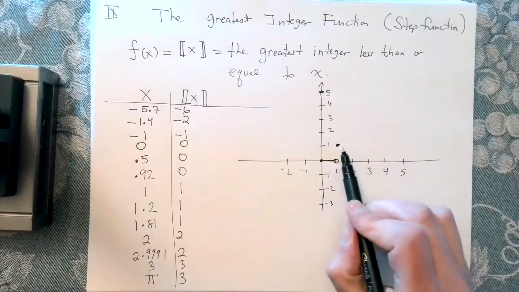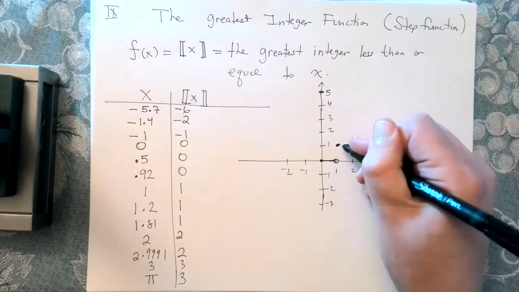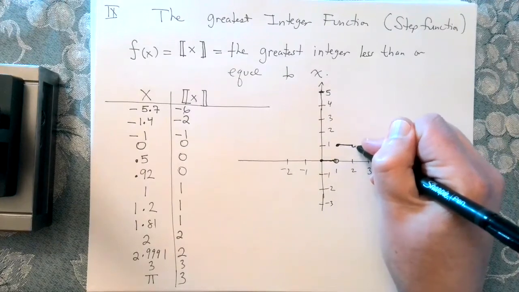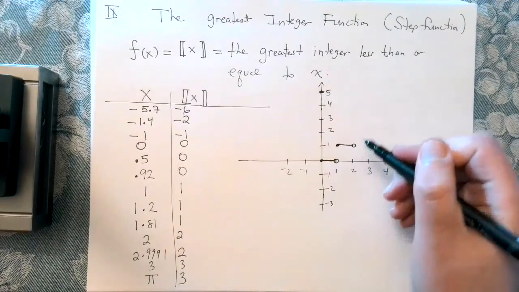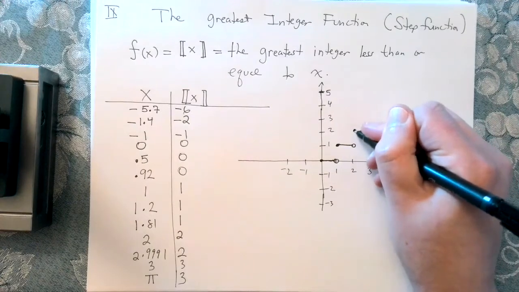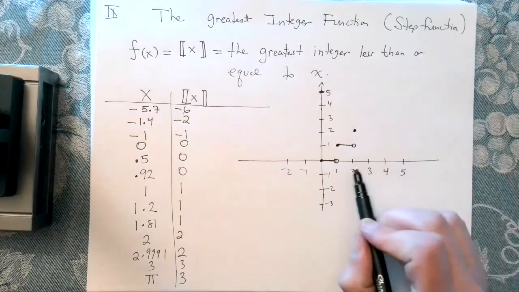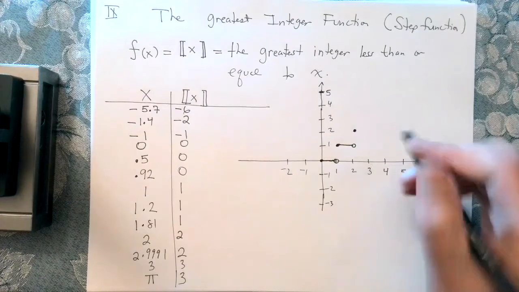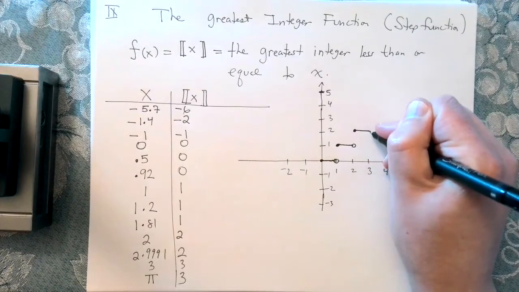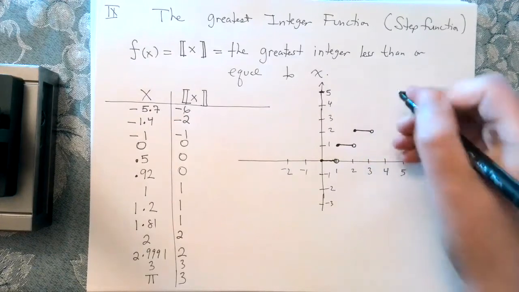For any decimal between 1 and 2, this will round down to 1. I get arbitrarily close to 2. And then when I reach 2, this jumps up. The greatest integer of 2 is equal to 2. For any decimal between 2 and 3, this will round down to 2, arbitrarily close to 3. And then when I get to 3, this jumps up.